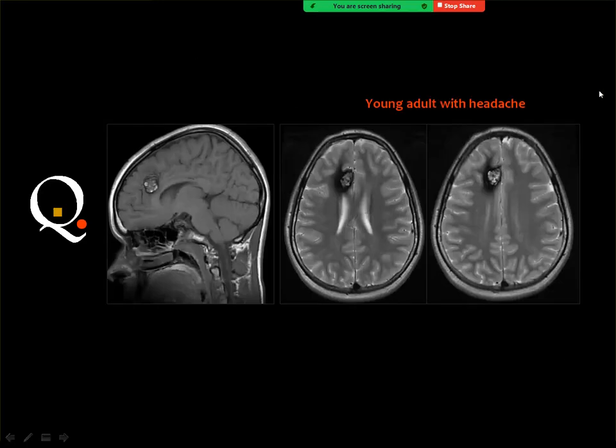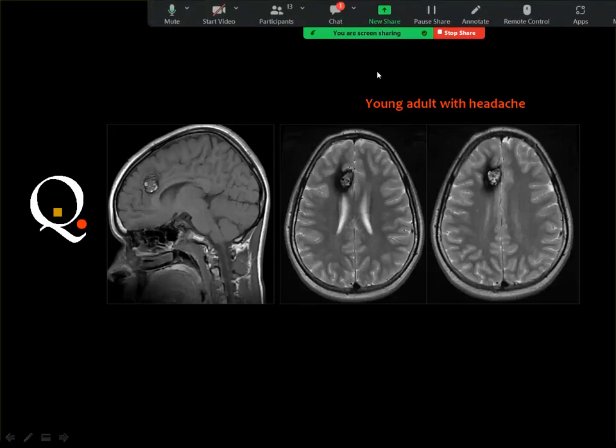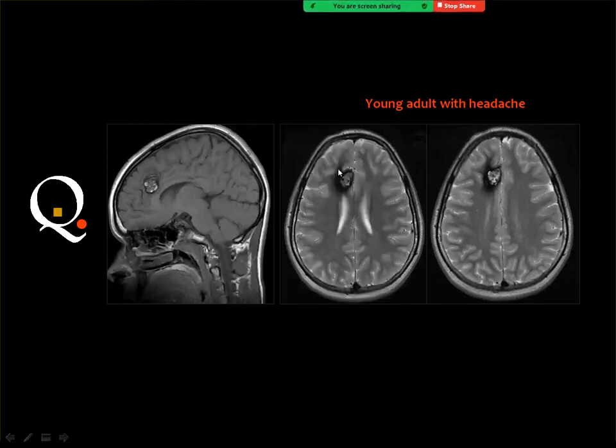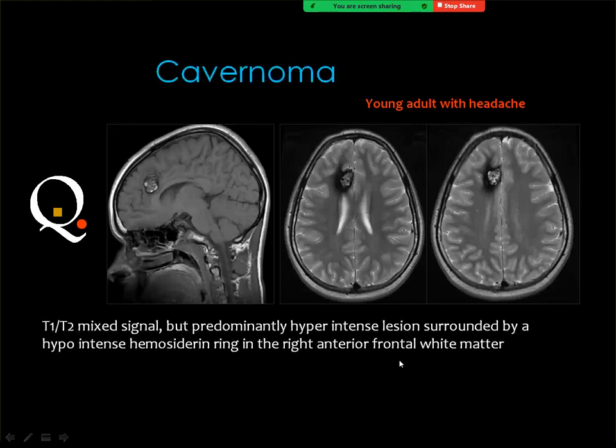The next case is a young adult with headache, and you've got a lesion in the frontal lobe in the T1 and in the T2 weighted image. This lesion is classic for cavernoma. The answer is right. And you see the hemosiderin rim around the lesion with the popcorn appearance and the absence of perifocal brain edema, the absence of mass effect.